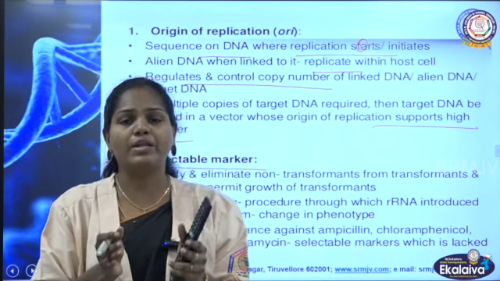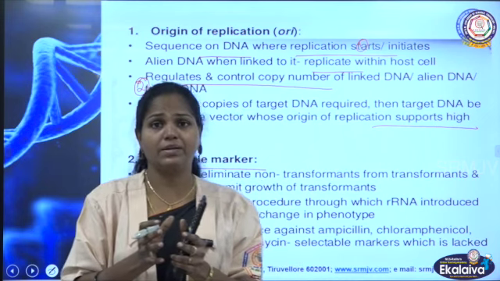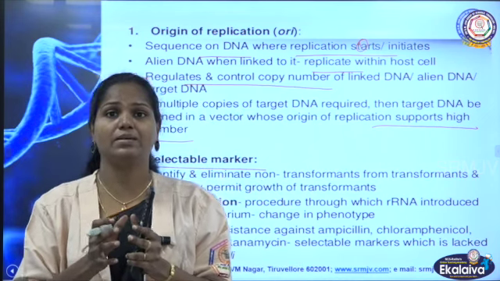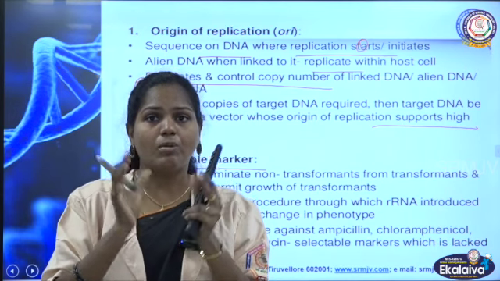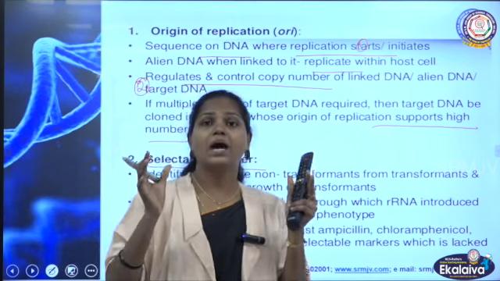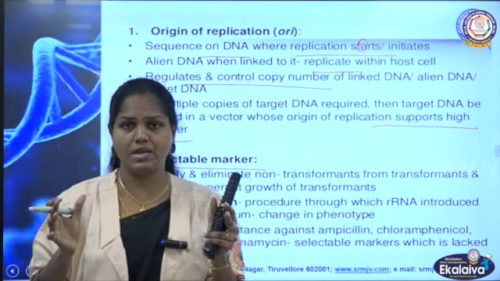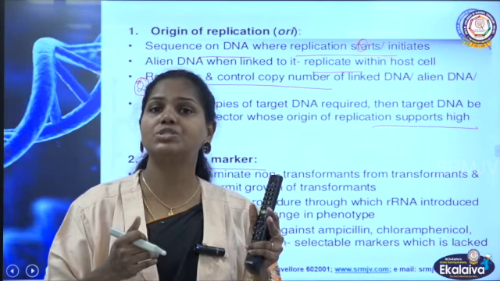Then the foreign gene and the plasmid DNA are ligated, that is sealed together. We call that combination of plasmid DNA and foreign gene rDNA, recombinant DNA, and this recombinant DNA is introduced into the host cell.